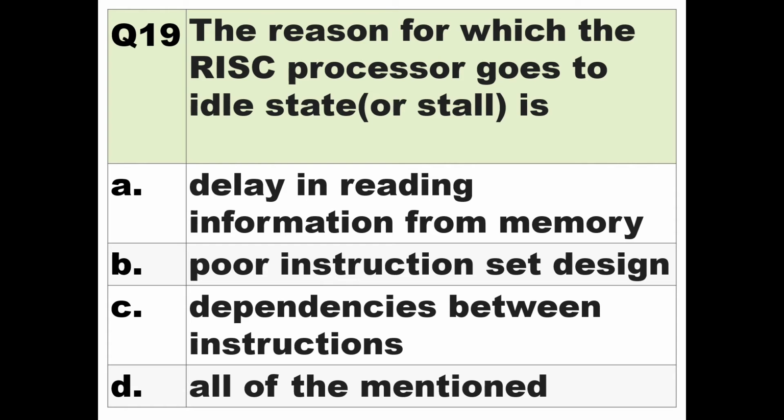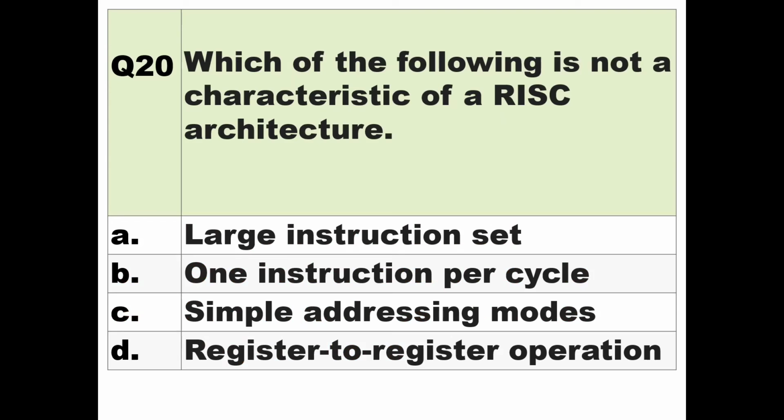Now the first three things, delay in reading information from memory, poor instruction set design, and dependency between instructions, all these are true. All these are the reasons for which the RISC processor goes into idle state. So here the option should be option D, all of the mentioned. Okay, option D, all of the mentioned.